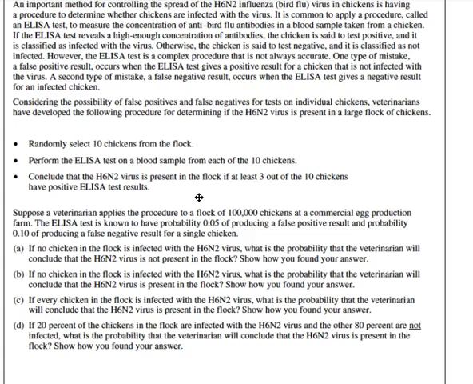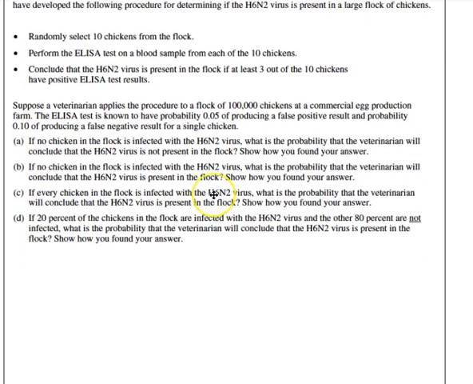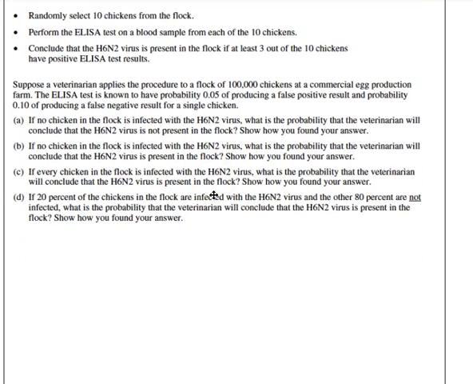So what they do is they randomly select 10 chickens from the flock, perform the ELISA test on each of the 10 chickens, and conclude that the virus is present in the flock if at least 3 of the chickens test positive. So suppose a veterinarian applies a procedure to a flock of 100,000 chickens at a commercial egg production farm. The ELISA test is known to have probability 0.05 of producing a false positive and a probability of 0.1 of producing a false negative result for a single chicken.